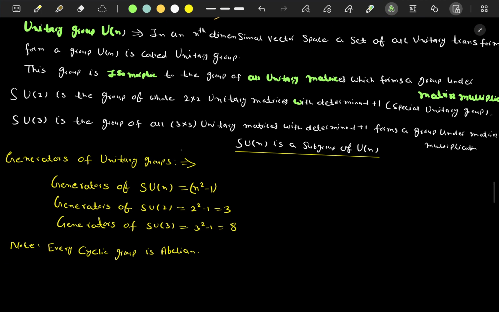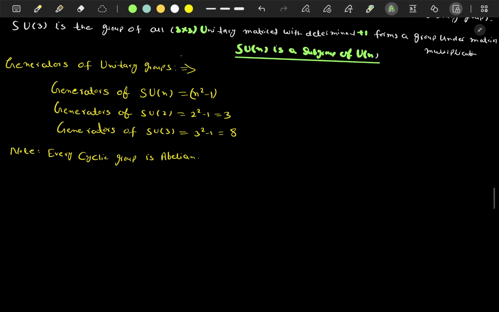Simply, if 2 is the order, for 2 cross 2 matrices the determinant will be plus 1, always plus 1. And we know a special group is a subgroup of the main group, unitary matrices.